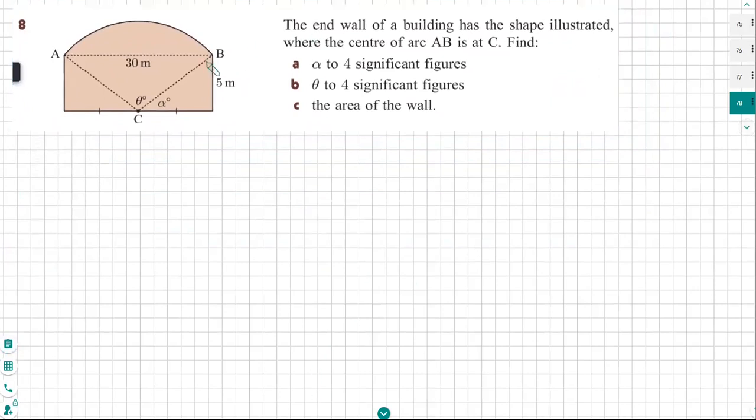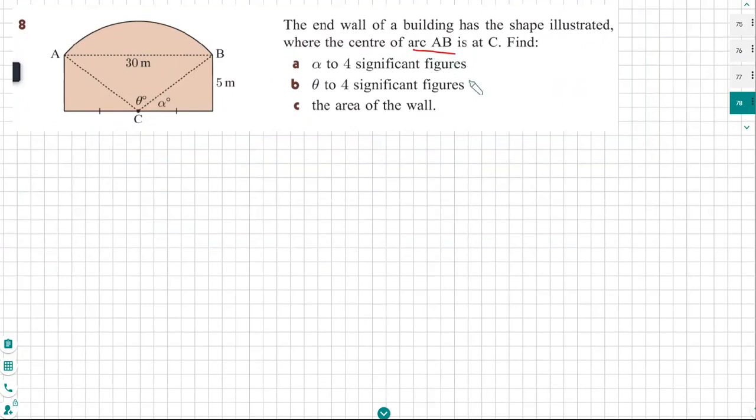Okay, in question number 8, we have this figure. The end wall of a building has a shape illustrated, right? So this is actually the shape of an end wall. This shape has a rectangle. And this is AB, which is actually an arc, right?